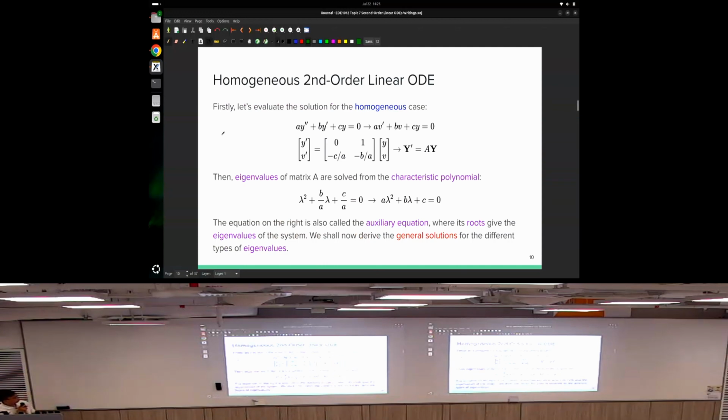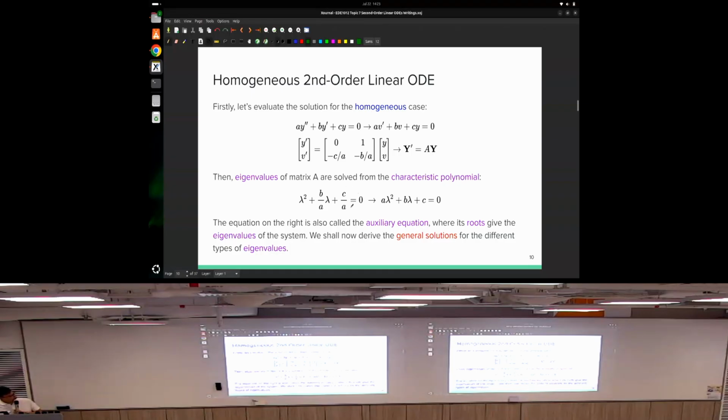Firstly, we shall look at the homogeneous case whereby there's no excitation term. So the right-hand side will be 0, no f of t. You can see that this is our matrix: y prime equals Ay. Certainly, you will have your eigenvalues to be solved.